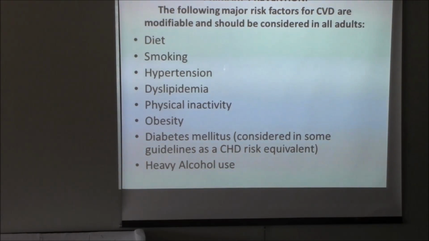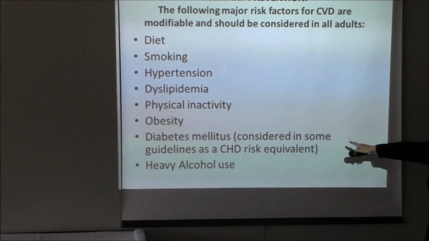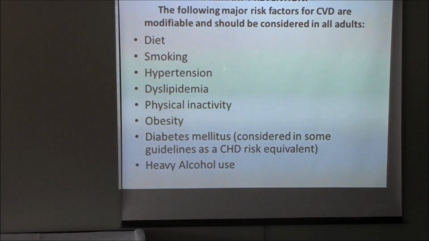Primary prevention for cardiovascular disease, and modifiable risk factors, are those things that we've briefly talked about, which is diet, smoking, treating high blood pressure, high cholesterol, physical inactivity, obesity, diabetes. And in evidence-based medicine, because there's so much research out there, people that are diabetic have a 6-fold increase of having an event, meaning stroke or heart attack.